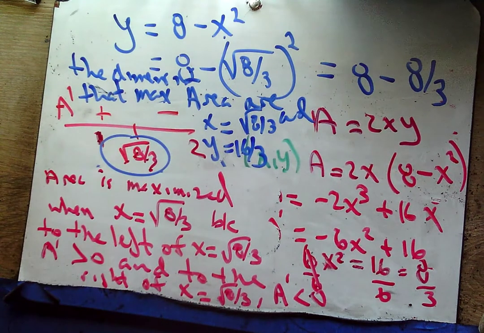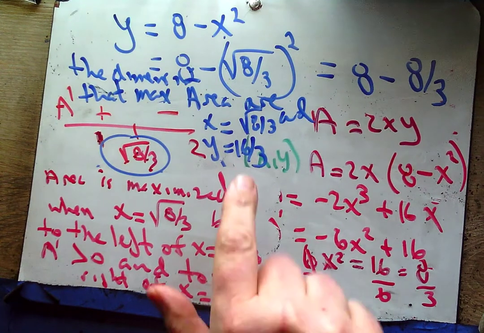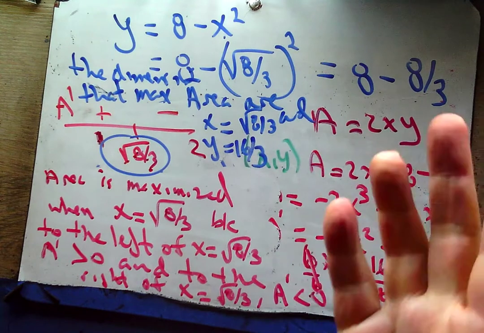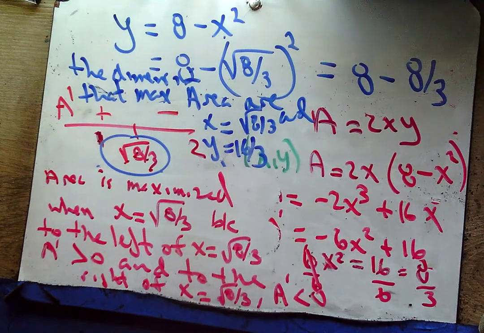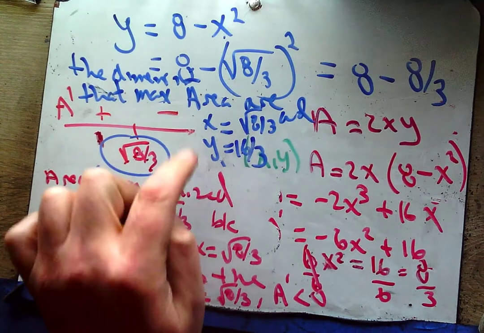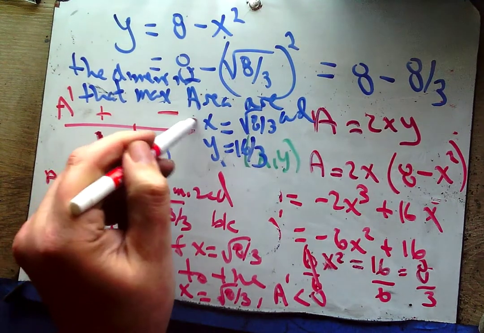Okay, nice. And what about if they ask us what is the maximum area? Well, I could plug in this x value here, or why don't I just multiply these two numbers together? Don't forget it was 2x, right? Oh, maybe we really want to think about that, right?